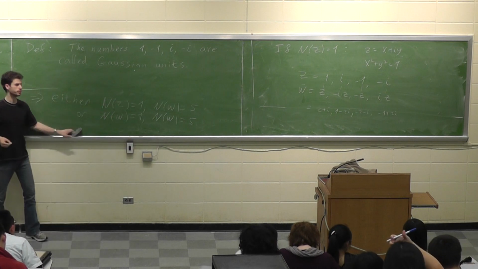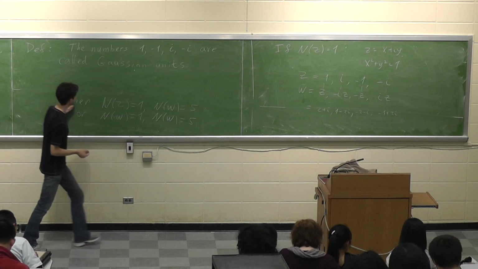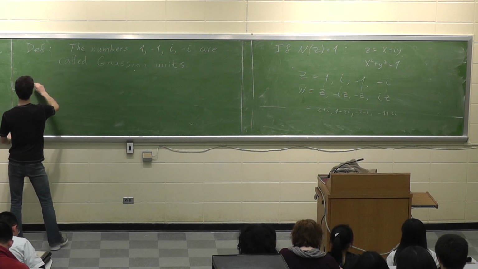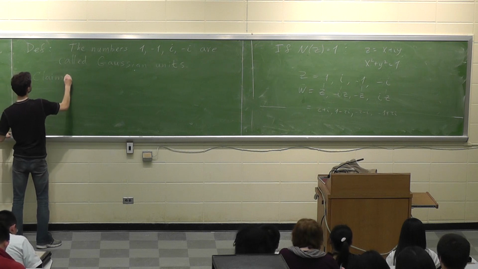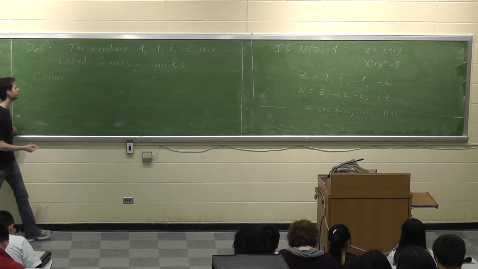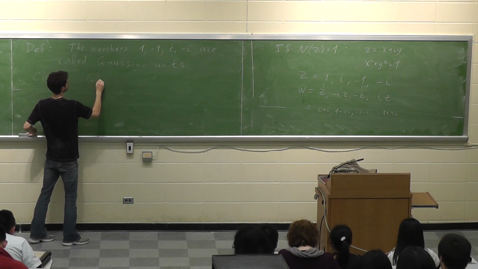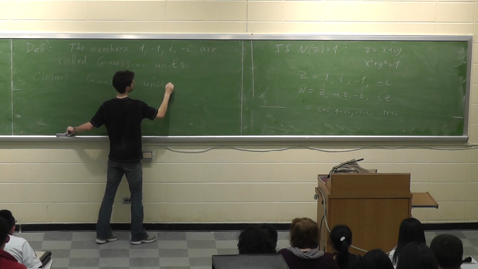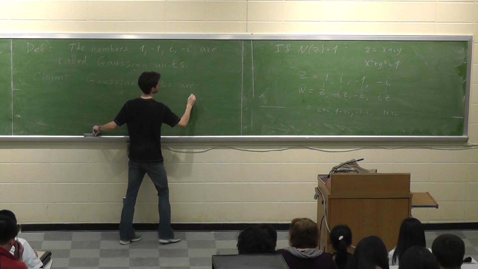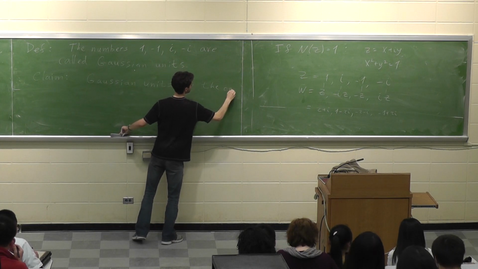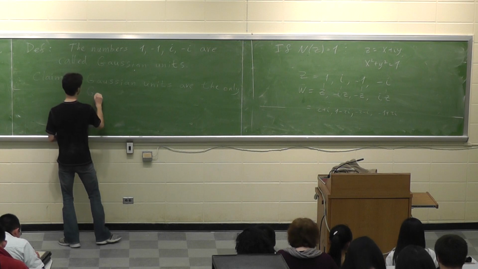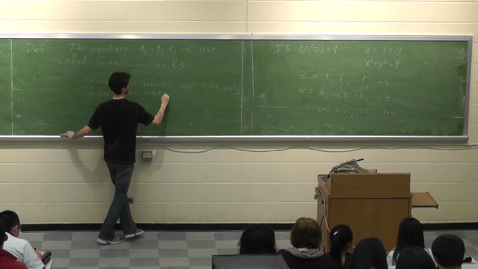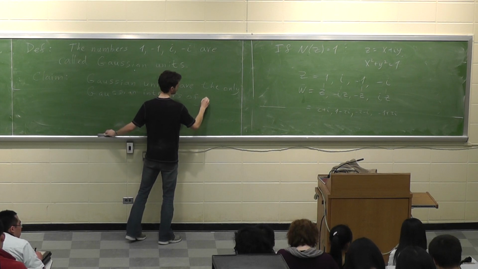And what's special about them is the following. So, claim, an obvious claim: Gaussian units are the only Gaussian integers of norm 1.